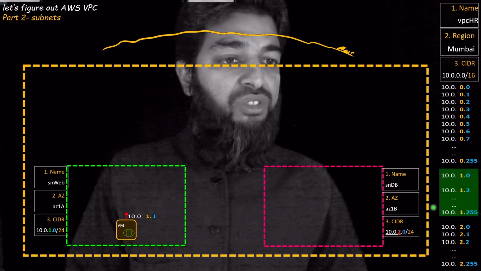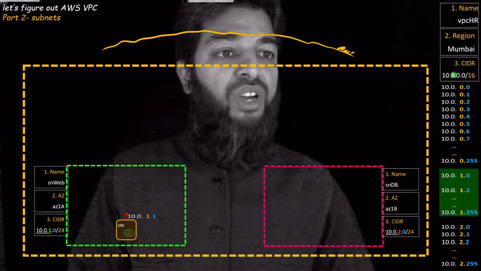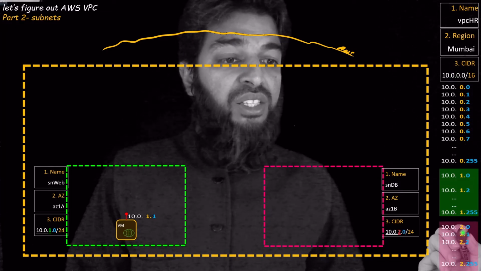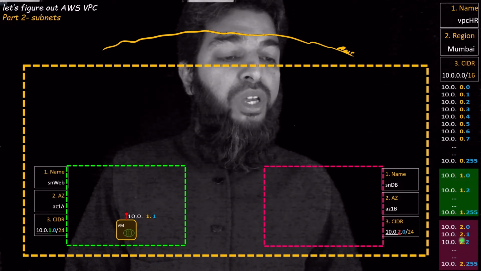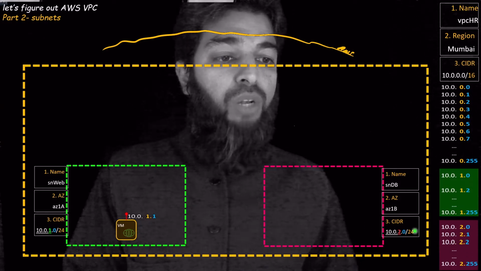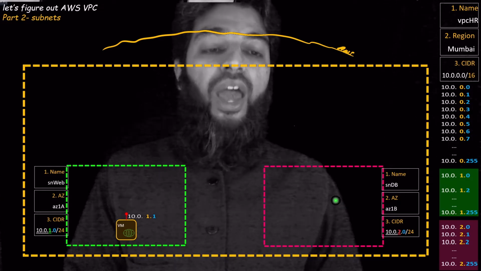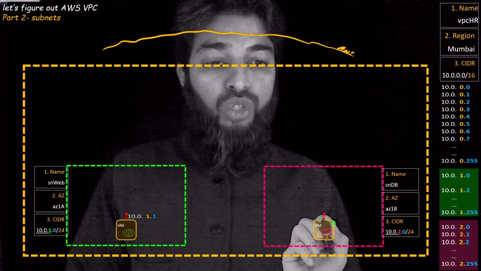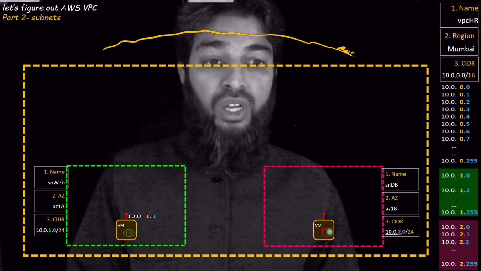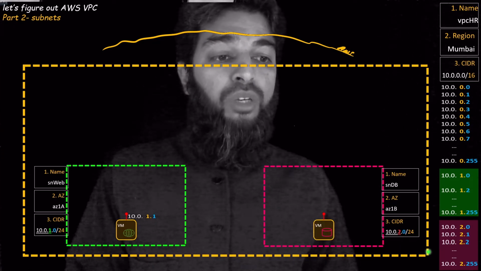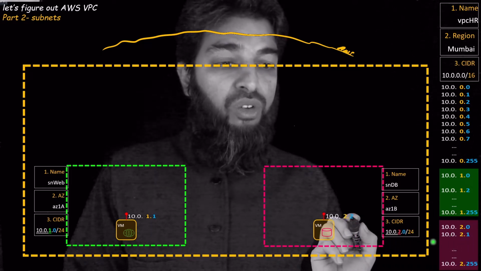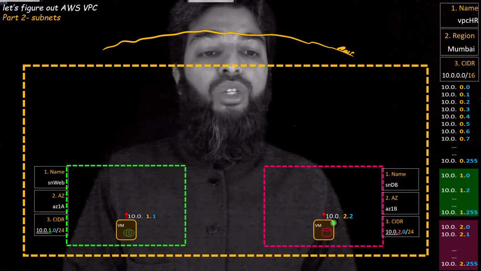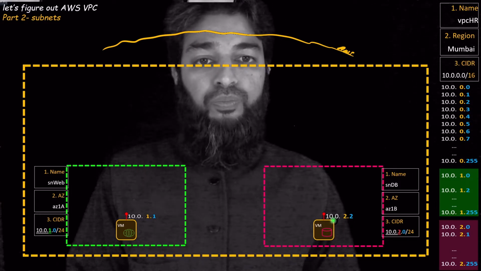Out of the 65,565 IP addresses of your VPC, these 255 IP addresses will be set aside, will be blocked for your SNDB. That means when you create a database server inside your SNDB, one IP address from this would be selected and assigned to your database server, right?